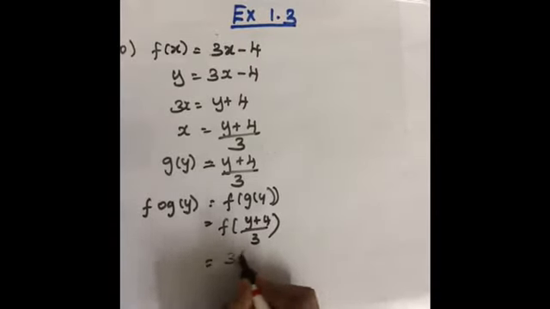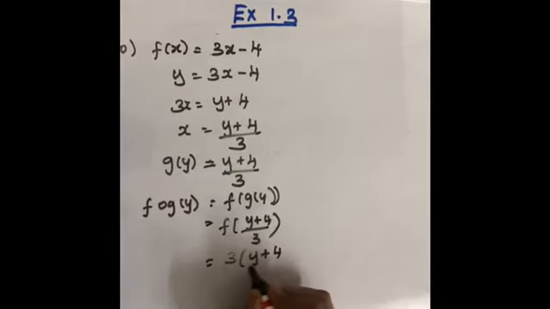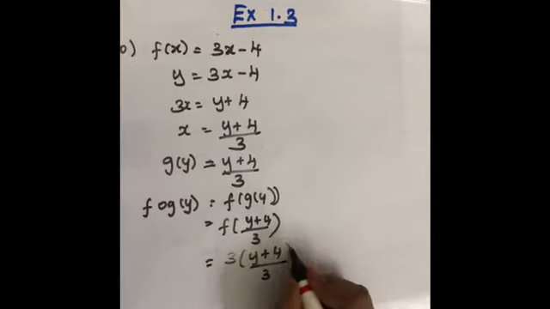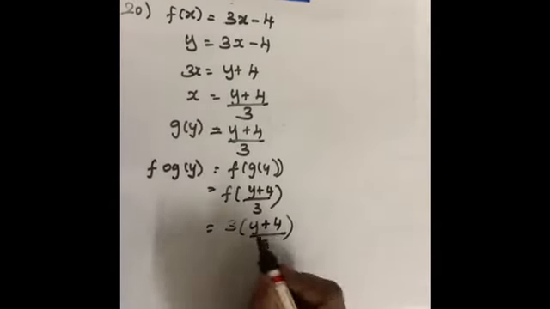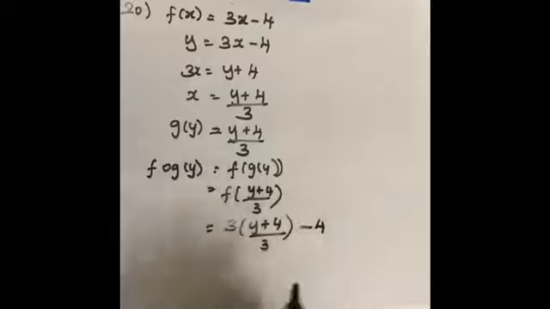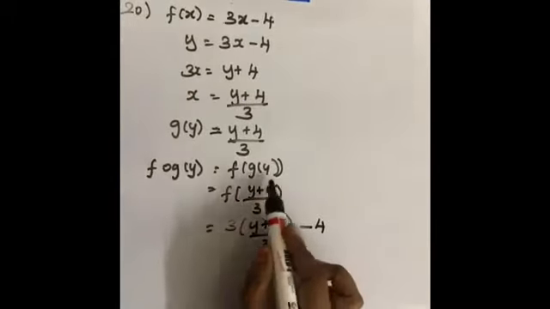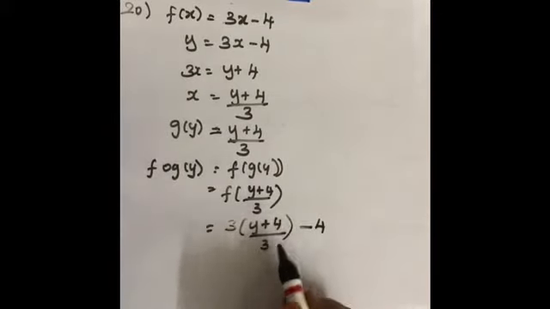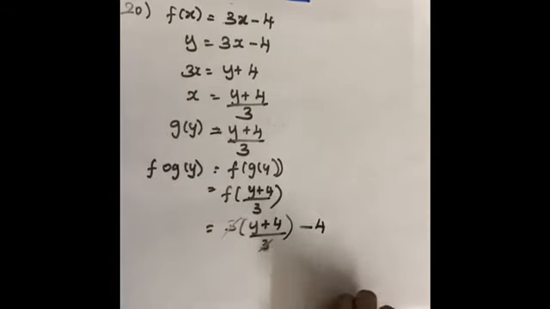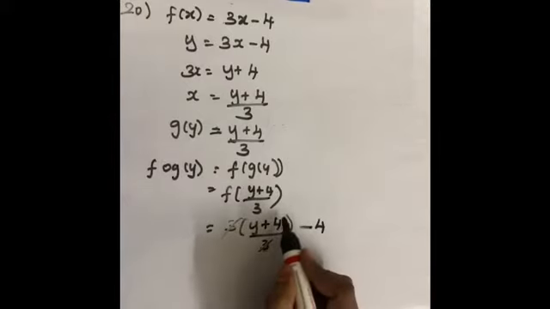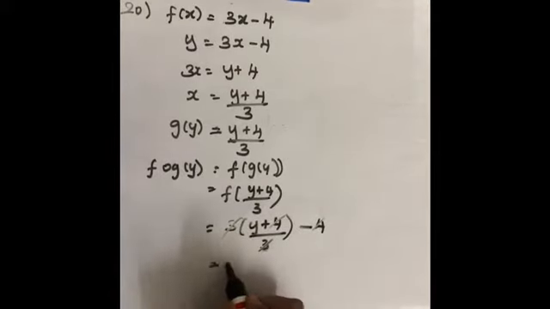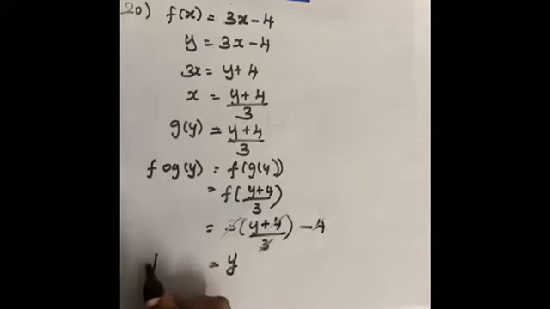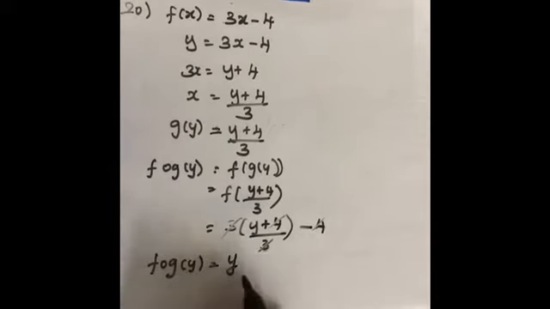So, 3 into (y plus 4) divided by 3, minus 4. So, 3 will get cancelled. So, y plus 4 minus 4, 4 will get cancelled, that is equal to y. So, f composite g of y is equal to y. That implies f composite g is an identity function.